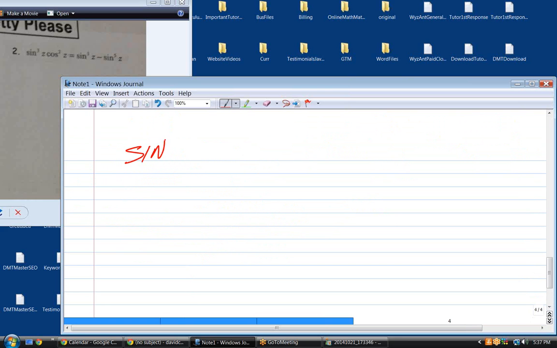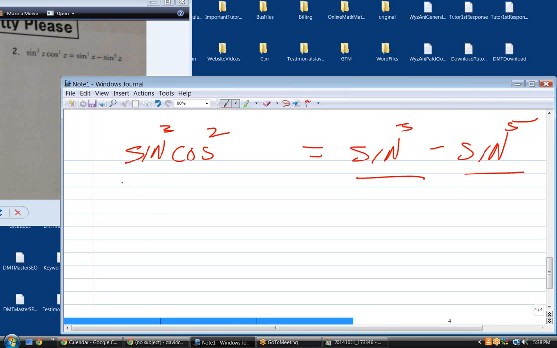This is sine cubed cosine squared equals sine cubed minus sine to the fifth. Some of these identities are just amazing. Okay, what are we going to do here? This one's pretty obvious what we should do. Can we take sine to the third out from the right side? No. Notice that we got sine, sine, sine, cosine squared.